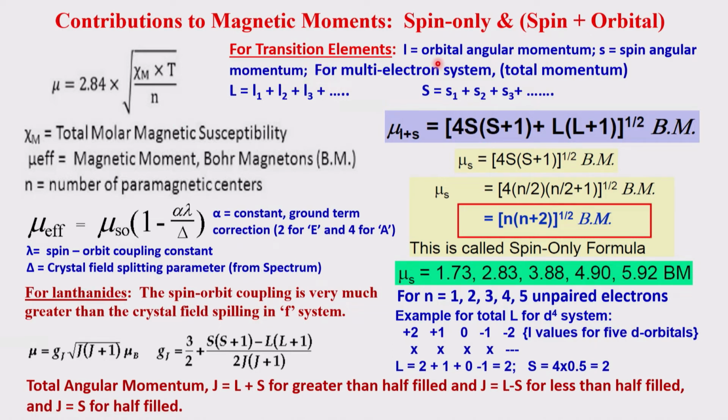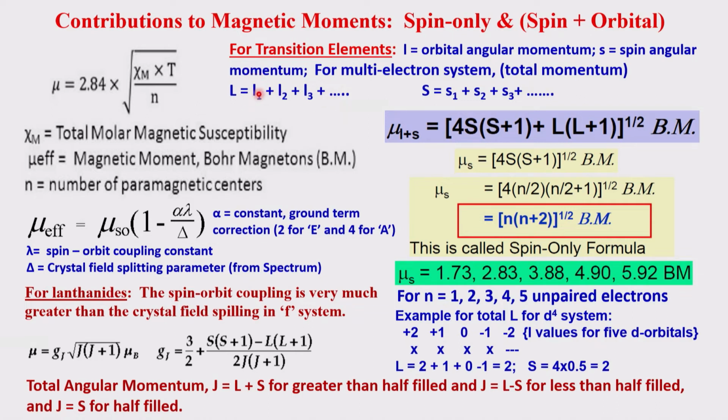For transition elements, if you look at the electron, you will have the L value and the S value: the orbital angular momentum and the spin angular momentum. For multi-electron systems, suppose there is more than one electron, like a d2, d3 or d4 system, then you need to calculate the total L, the capital L. Please keep looking at the slide.